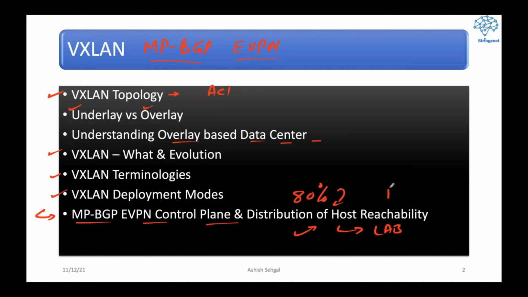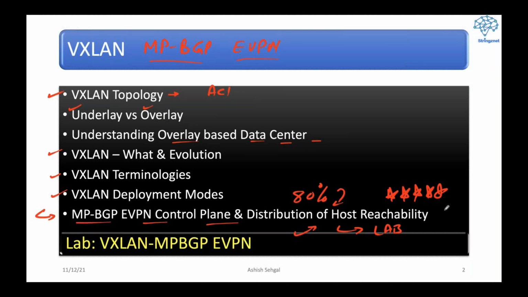This is the flagship deployment of VXLAN. But this doesn't mean that we will not be looking into its predecessors. Anyways, finally, the lab will be on VXLAN MPBGP EVPN deployment.